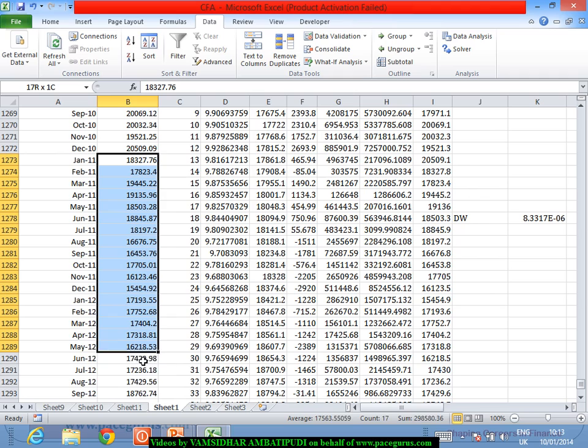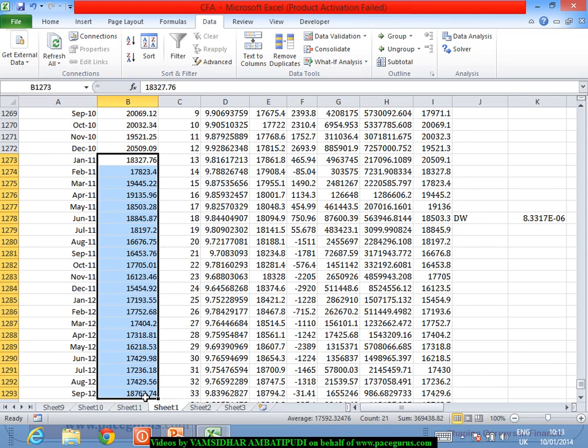Again, if I take Jan 11 to September 12th, the mean is something like this. So the mean should be more or less in a constant range, whatever time window I am taking. Similarly, the variance also should be more or less constant, and the covariance with any kind of lag, even that needs to be more or less constant.